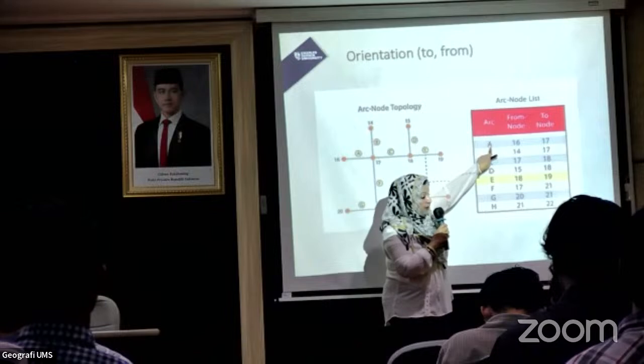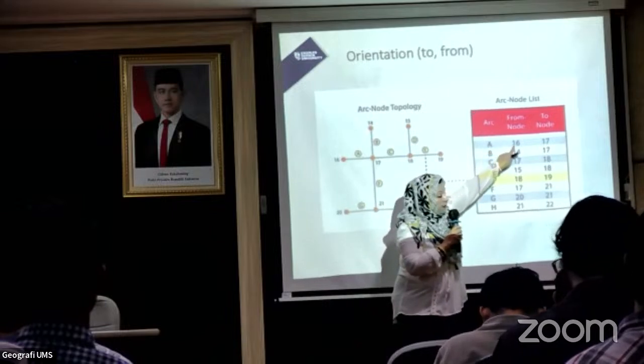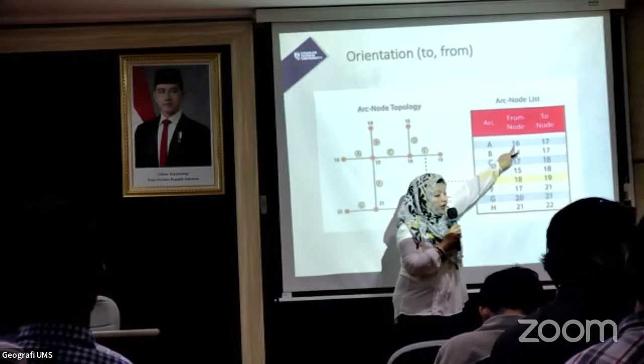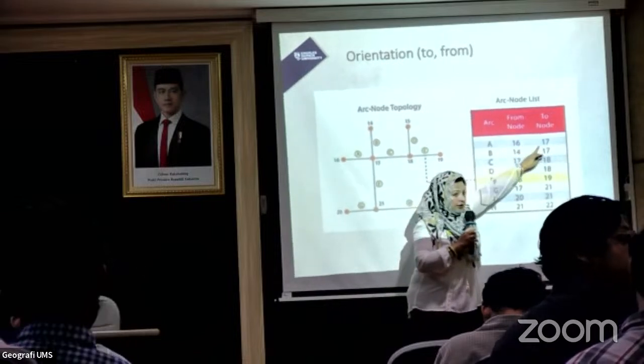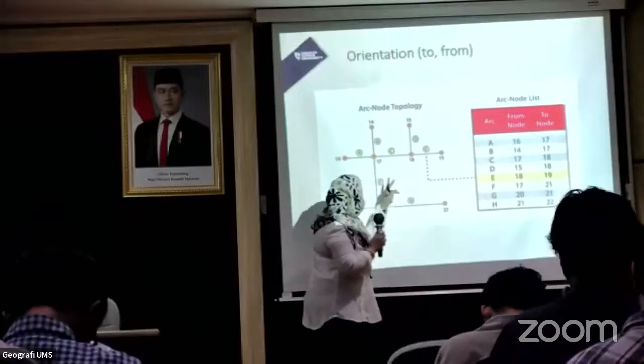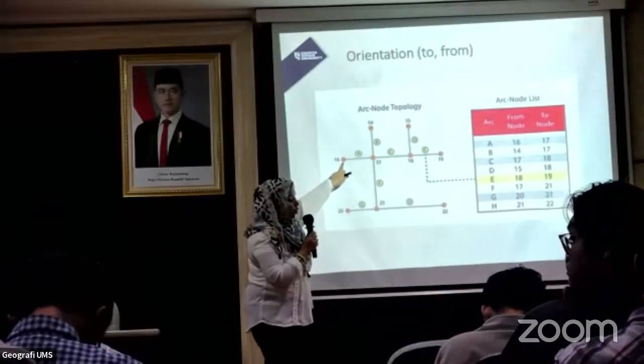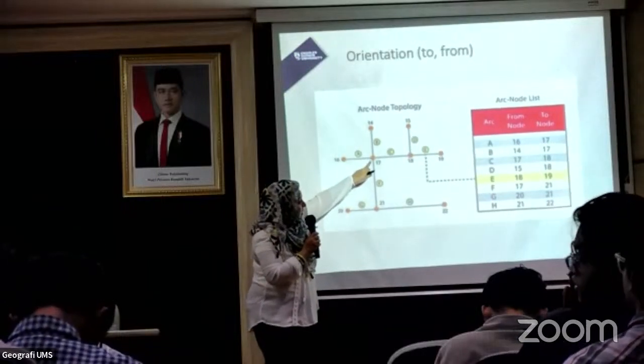So this is arc A, starting node from where it is starting, and ending node, that is 17. I see here, starting node is 16, ending node is 17.